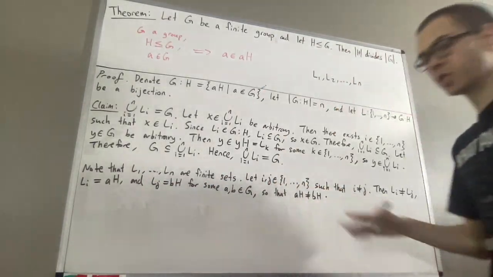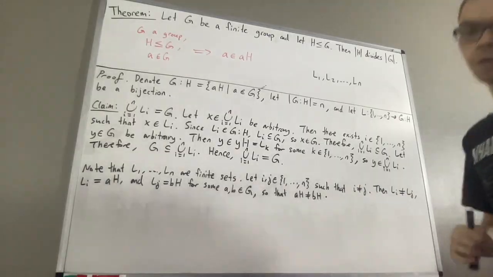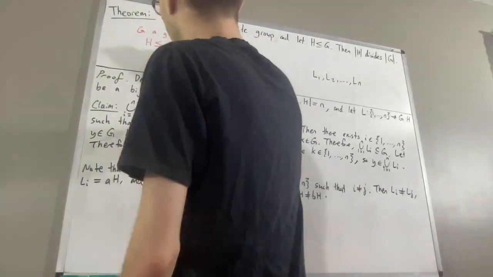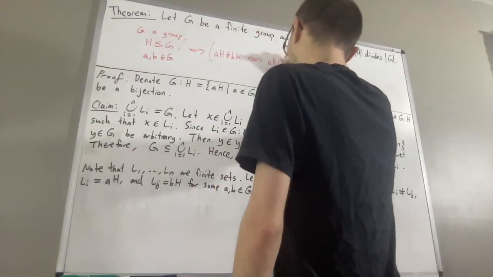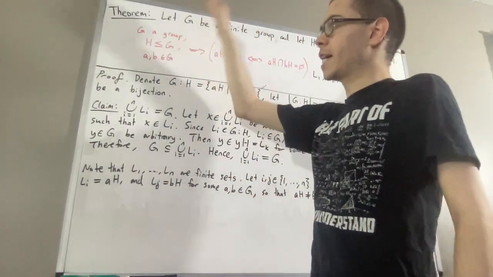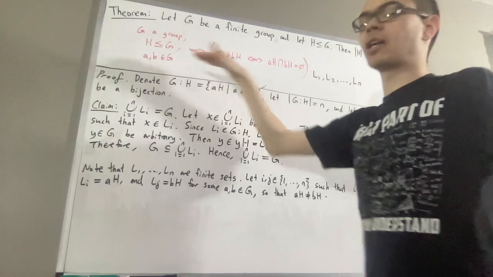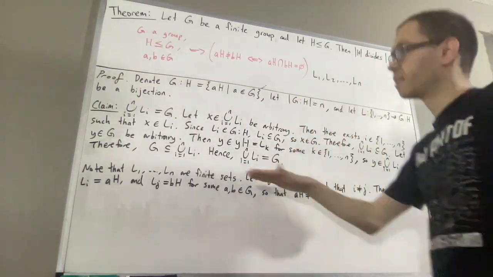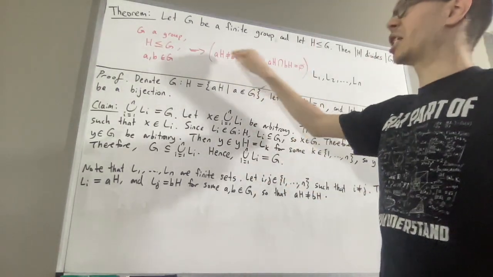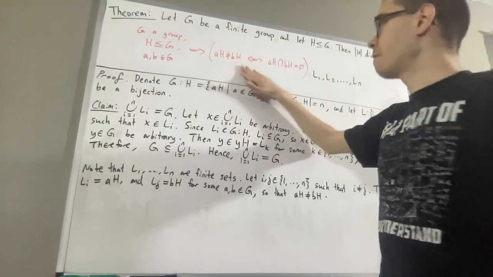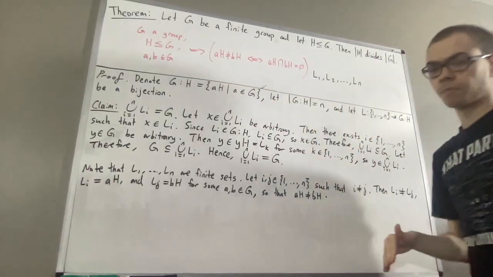But from here, we're going to use another property about cosets, which is the following. Given G is a group, H is a subgroup of G, and A and B are elements of G, then the cosets AH and BH are distinct if and only if they are disjoint.